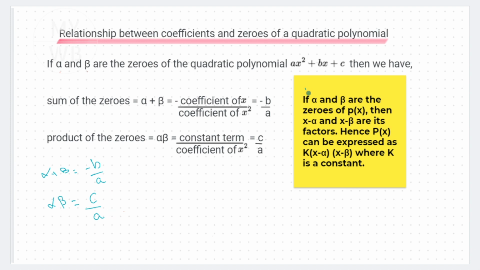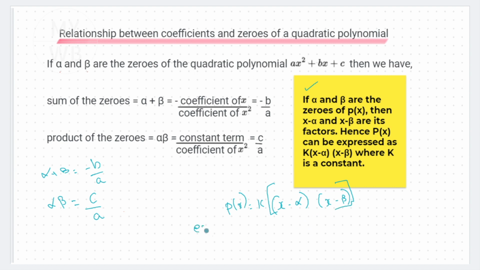Now here is an important note. If we say alpha and beta are the zeros of p of x, then we can write x minus alpha and x minus beta are the factors of p of x. So p of x can be written as a constant k into these two factors.